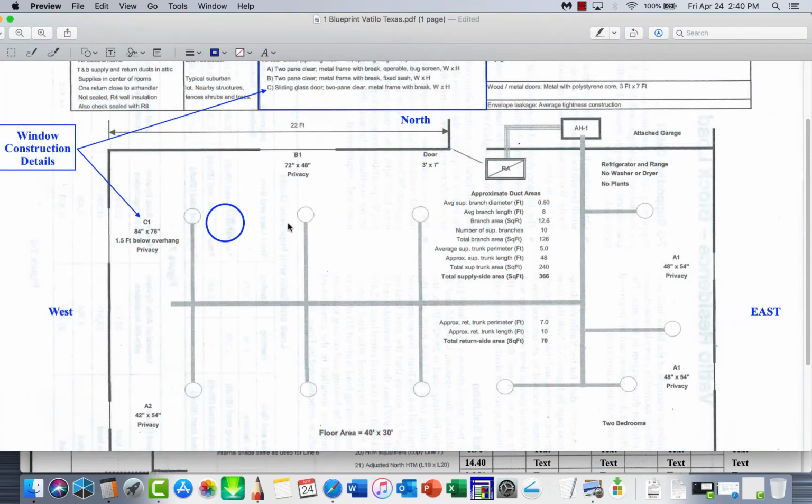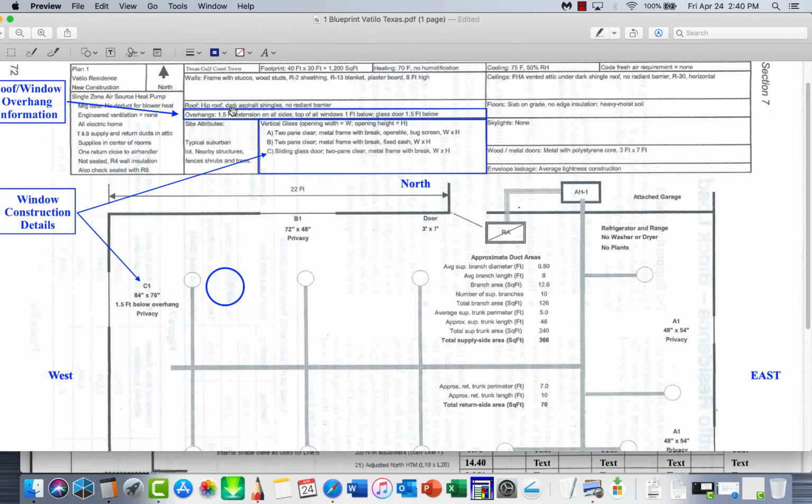It has a 1.5 overhang, as all the rest of the house does. The only difference is this part right here. It's 1.5 foot below the roof edge line, so it's a little bit shorter because it's a door, not a window. This is a sliding glass door.